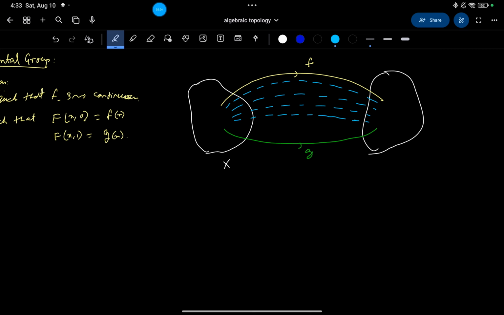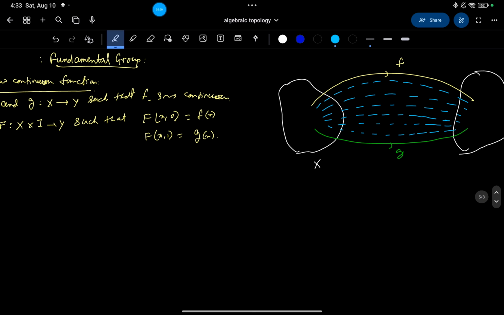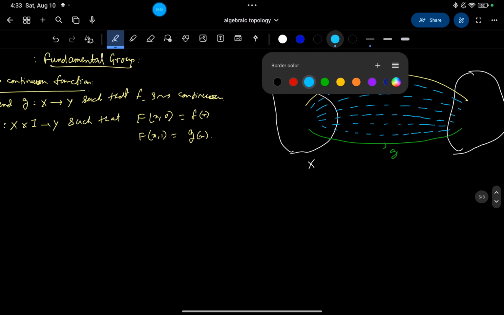It means you can traverse from small f to small g via all these intermediate threads. So what is the structure of these intermediate maps?